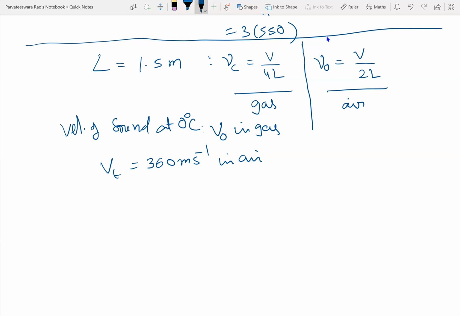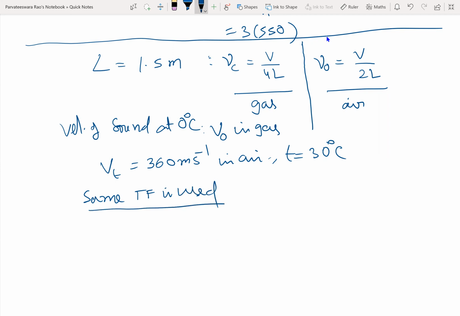It should be in the gas. So it is given that the same tuning fork is used in both the cases.